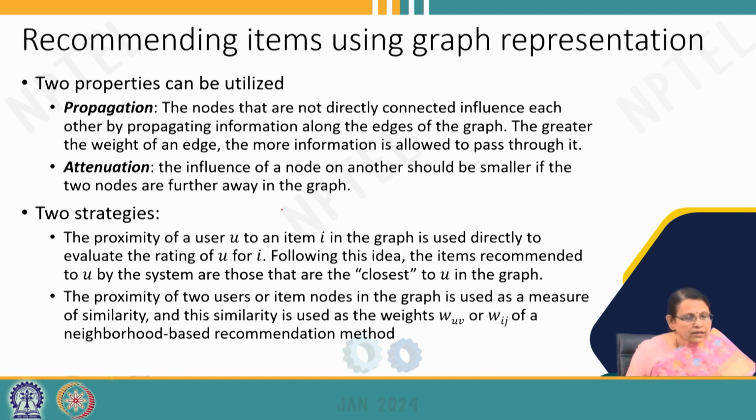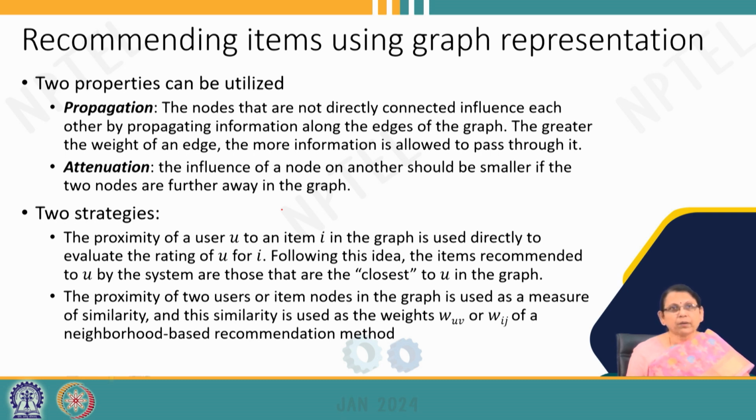Then by propagating information along the edges of the graph, they can indirectly connect to each other. Just now we saw the example that users U2 and U4 do not have any co-rated product, still we were able to find a path.